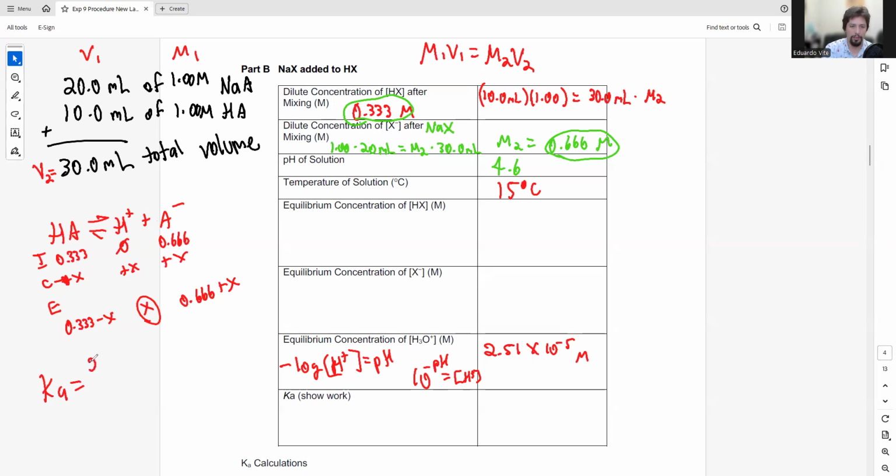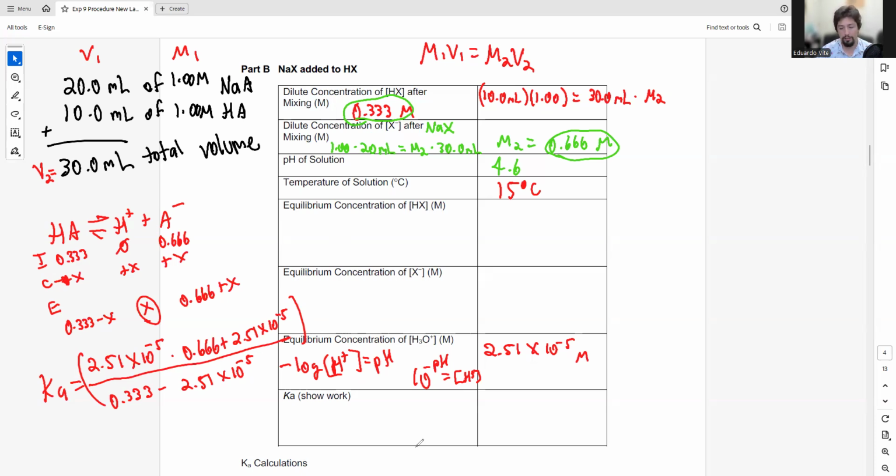So that's going to be 2.51 times 10 to the negative 5 times 0.666 plus 2.51 times 10 to the minus 5, divided by 0.333 minus 2.51 times 10 to the minus 5. And again, you're not probably going to get the same answer because I'm making numbers up, but the calculations are the same. So make sure that you actually plug in your numbers.